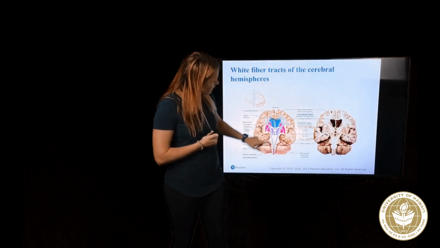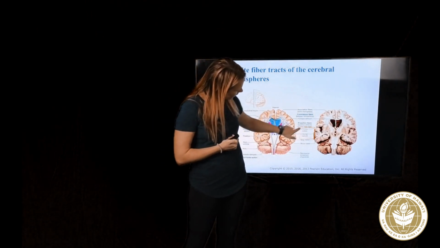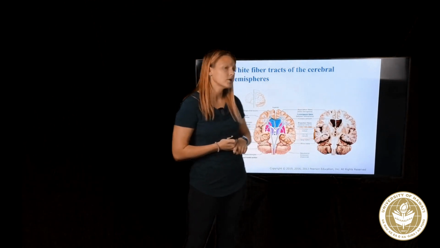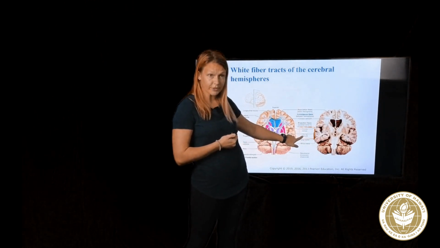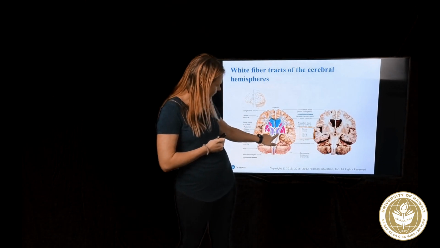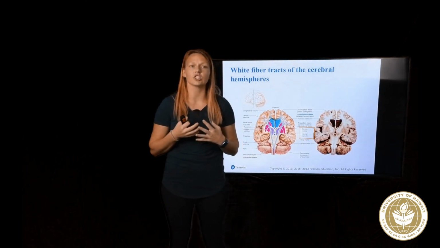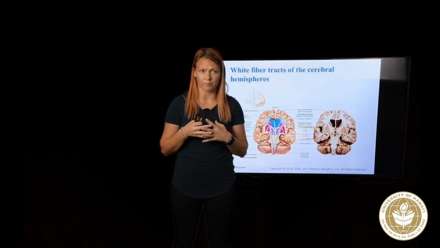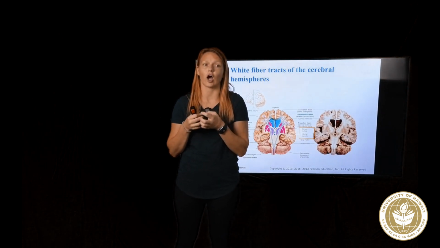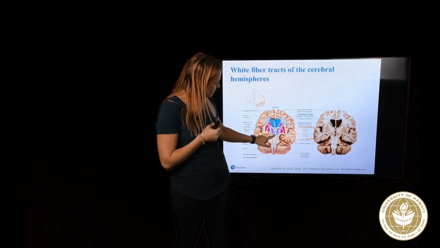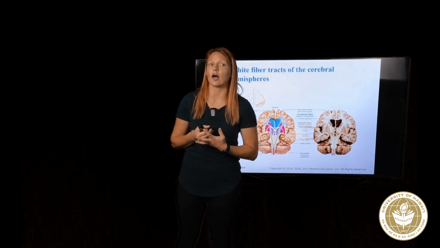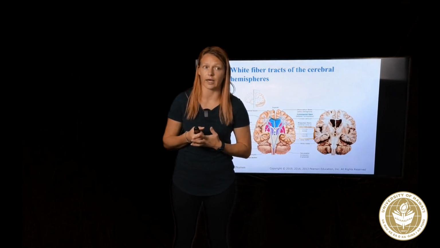We also have this area that I highlighted in yellow for you. Our internal capsule, right here, is where the projection fibers on each side of the brain stem form a compact band that passes between the thalamus and some of the basal nuclei.